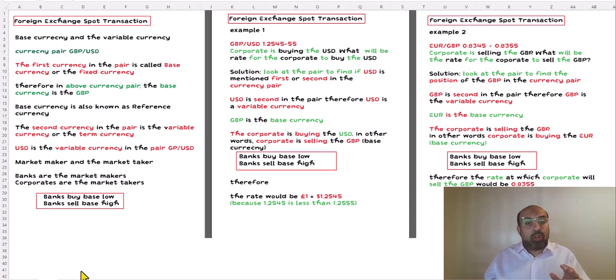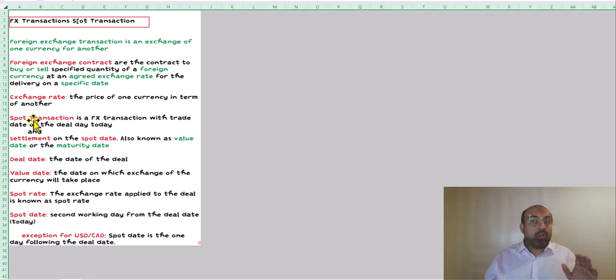You will also like to understand a few theoretical things to understand how we are going to calculate these. For example, a foreign exchange transaction is the exchange of one currency for another one, and forward FX contracts are contracts to buy or sell a specified quantity of a foreign currency at an agreed exchange rate for delivery on a specific date.